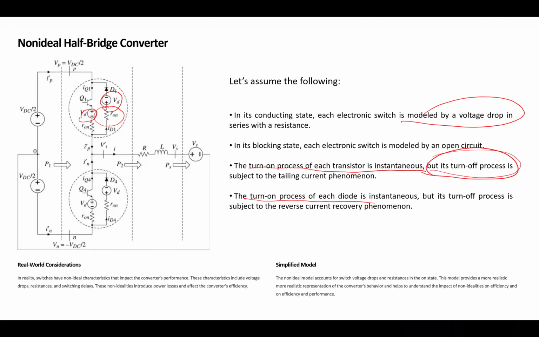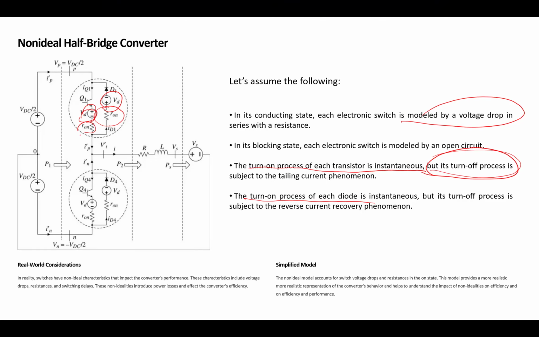Now, if we input this voltage drop and this resistance into our previous KVL that we ran to calculate the voltage of the terminals and the positive and negative currents, you remember those? We ran KVL and KCL over our ideal model.